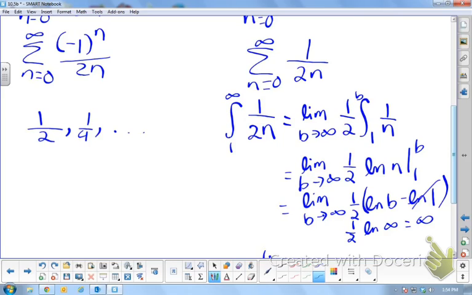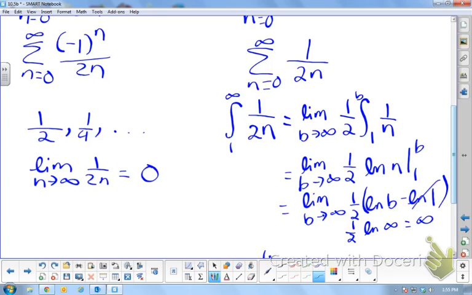So it gets smaller. It converges to 0. So this is convergent, but with an alternating series test, it doesn't necessarily tell me I'm absolutely convergent.